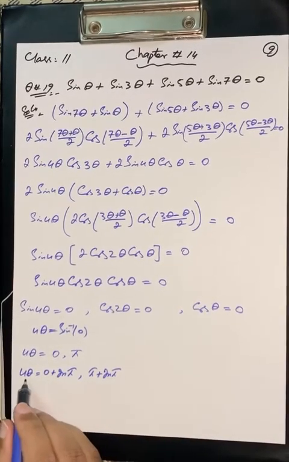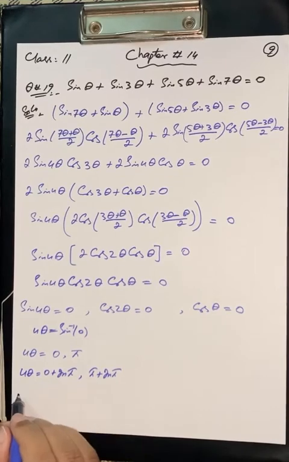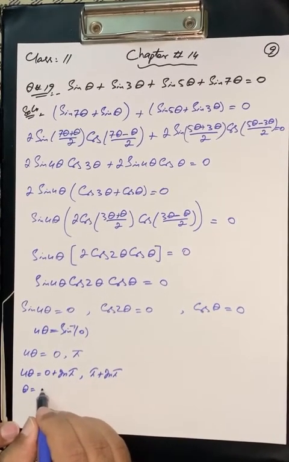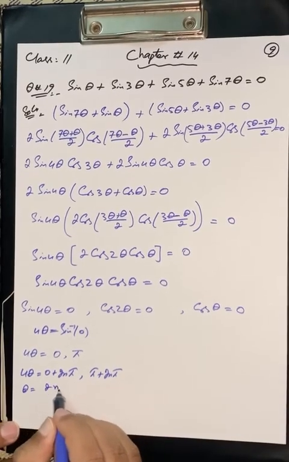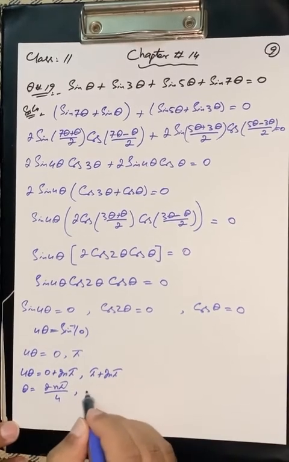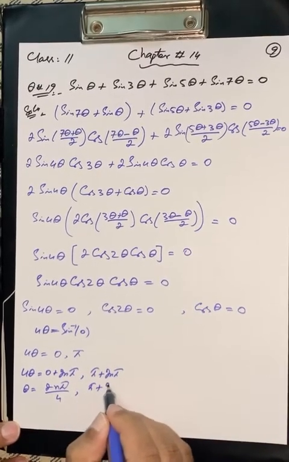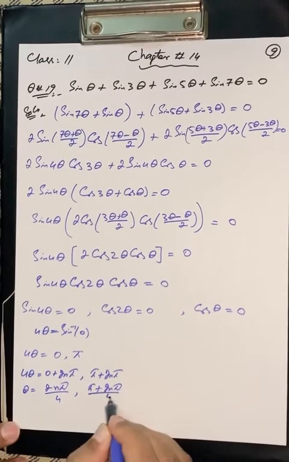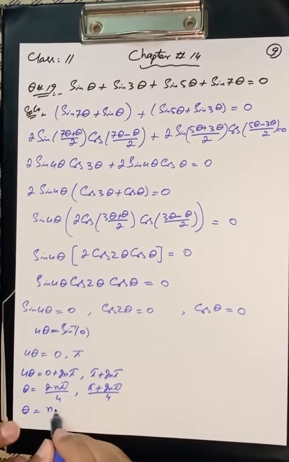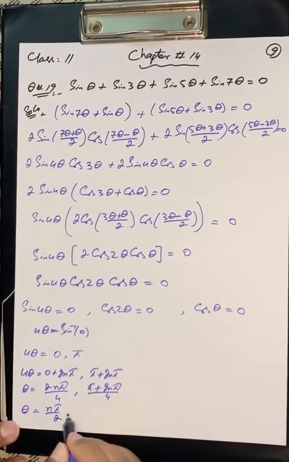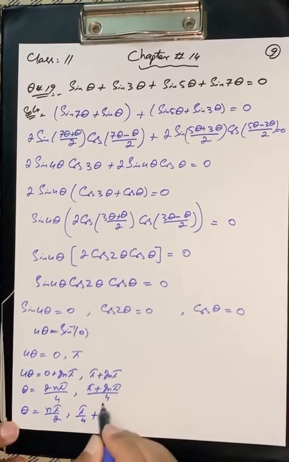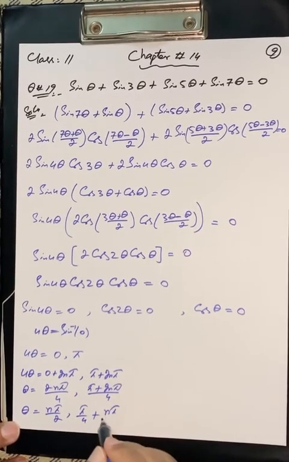Now when we solve for theta, we divide by 4 all values, so theta equals 2n pi by 4 comma pi plus 2n pi by 4. Now theta, what is left when you solve them: n pi by 2. Separating pi by 4 and solving, n pi by 2.